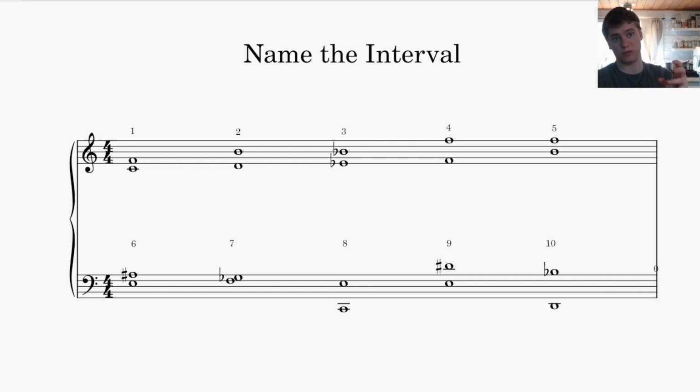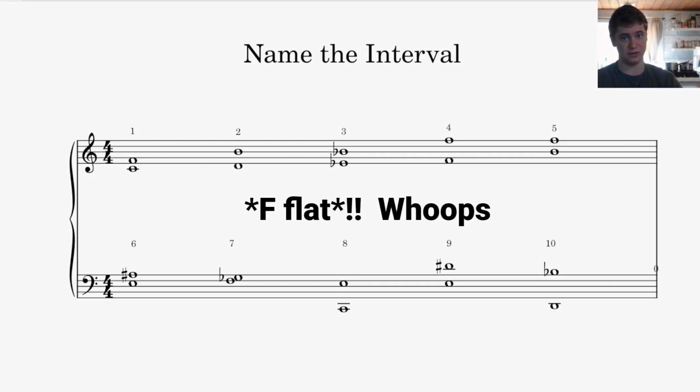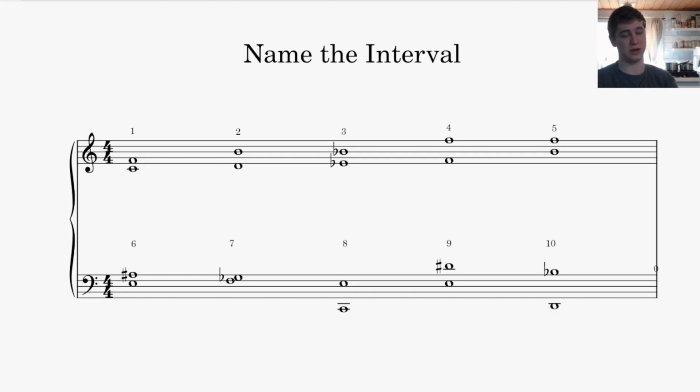You could either know your inversions, which there's not that many, or you could start off by thinking about the 9 minus trick. So 9 minus 2, we have a 7th, and an augmented turns into a diminished. So if we had the same notes, but inverted to where we had that G on the bottom, and with the F sharp above it, we'd automatically know that we're working with a diminished 7th.